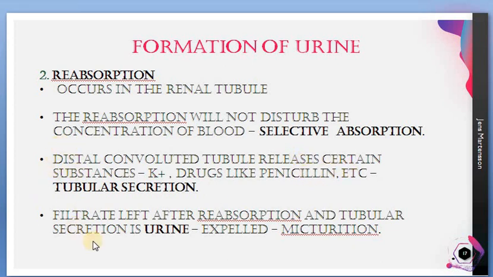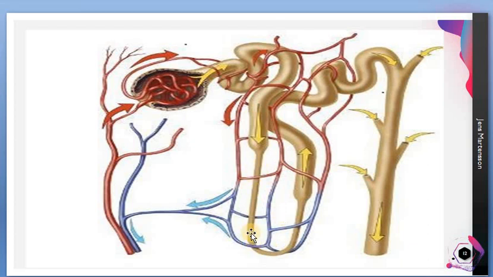Now, when it comes to the Henle's loop, the U-tube loop, here most of the water and some of the sodium ions are also being absorbed. What happens in the proximal convoluted tubule? Selective absorption. What are the things being absorbed here? Water, sodium, glucose.